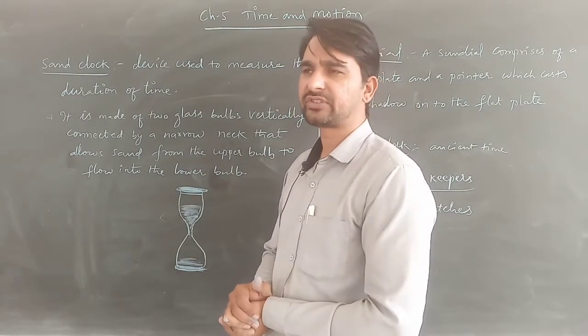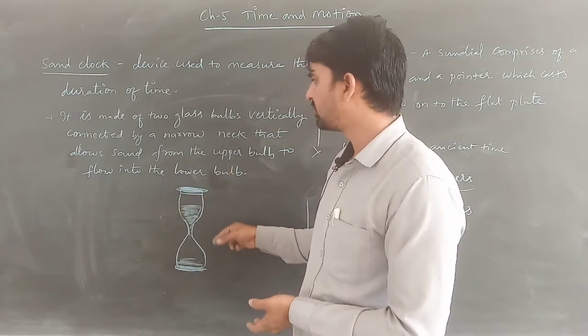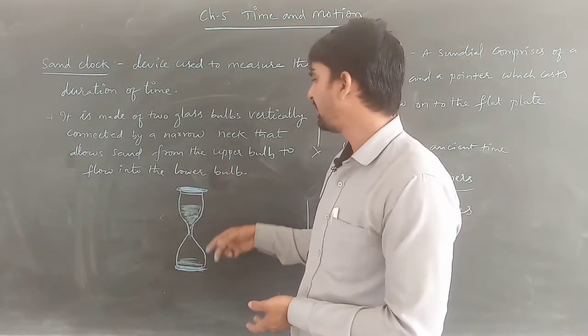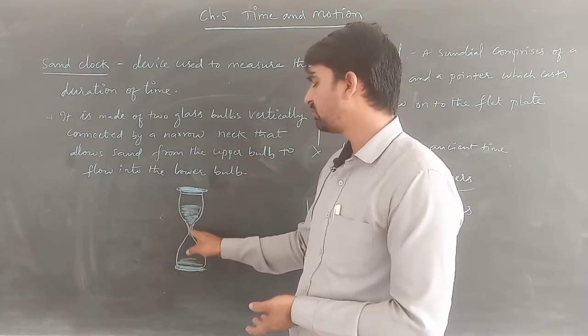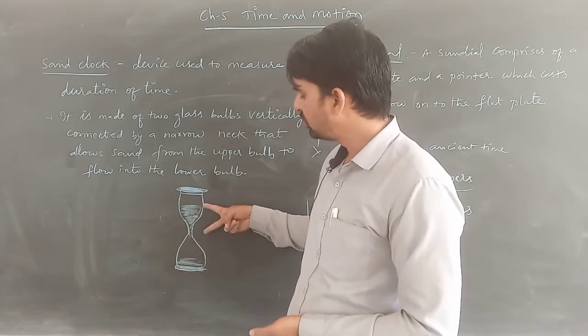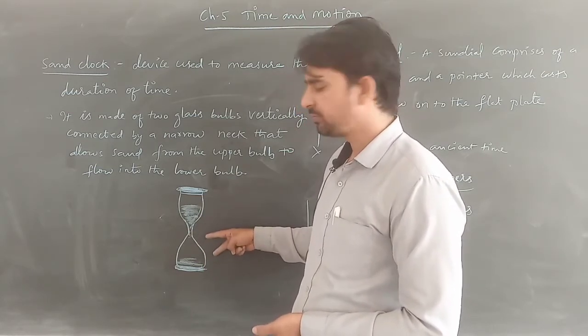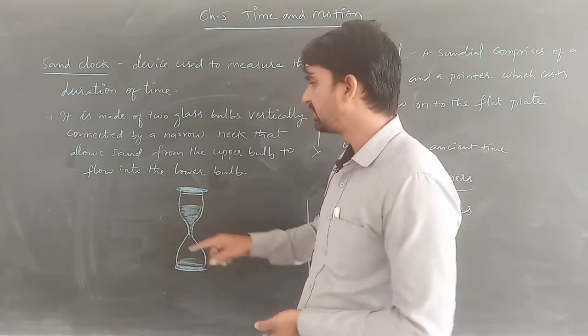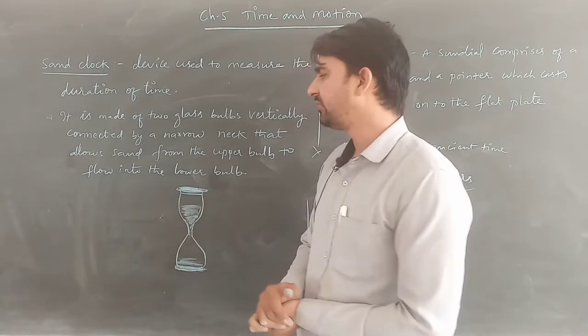Now what actually is this sand clock? It is made up of two glass bulbs, vertically connected by a narrow neck, one over the other in inverted positions, and it is filled with sand.